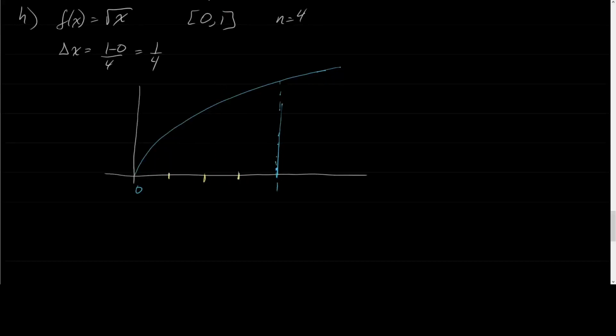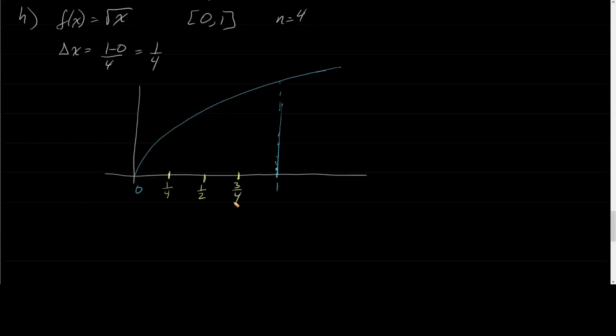I'm splitting it up into 4 different intervals. The width of each is delta x, which is 1/4. So to go from here to here, add 1/4. This value is 1/4. Add 1/4 again, and that value is 1/2, because 1/4 plus 1/4 is 1/2. This one over here is 3/4, and then 3/4 plus 1/4 is 1.